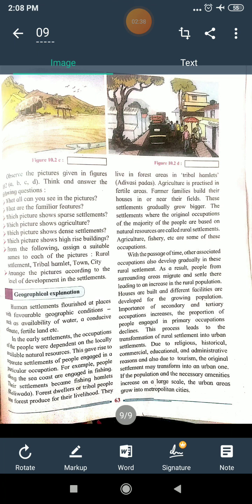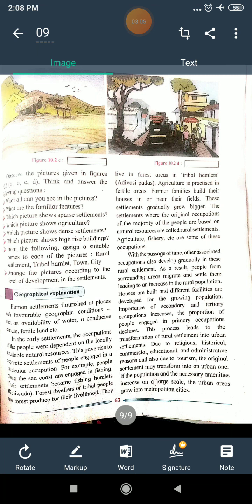In the early settlements, the occupations of the people were dependent on the locally available natural resources. This gave rise to separate settlements of people engaged in a particular occupation. For example, people along the sea coast are engaged in fishing. Their settlements became fishing hamlets, that is Koliwada. So how were the settlements in the early time?